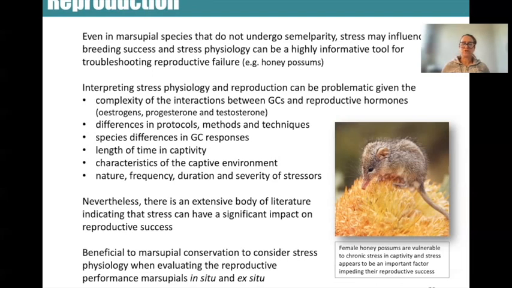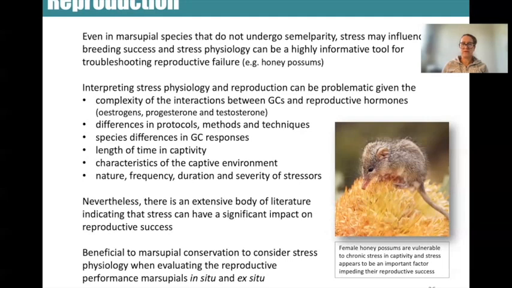Interpreting stress physiology in reproduction can be problematic, given the complexity of the interactions between glucocorticoids and reproductive hormones, and differences in protocols, methods and techniques that might have been used across species and even within species. There are obviously going to be species-specific differences when we think about captive populations.